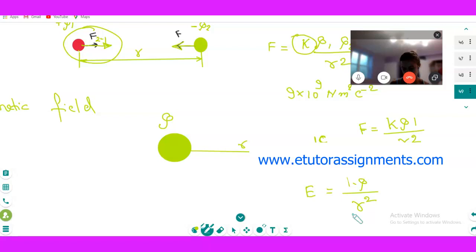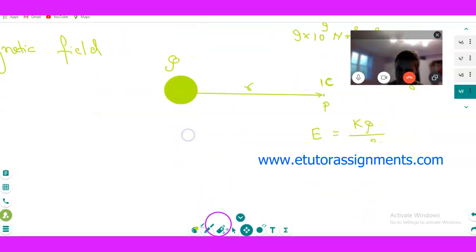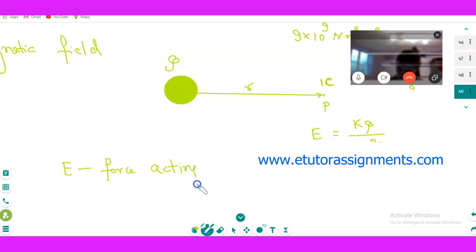Is it clear or not? So it is the same electric field and force. The electric field is the force acting on unit charge, not mass.